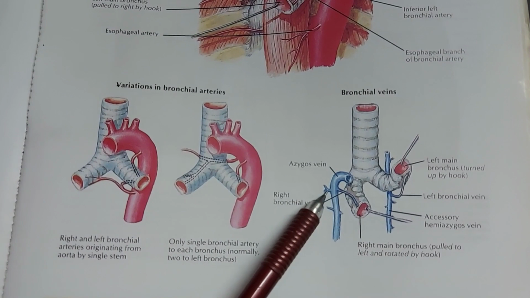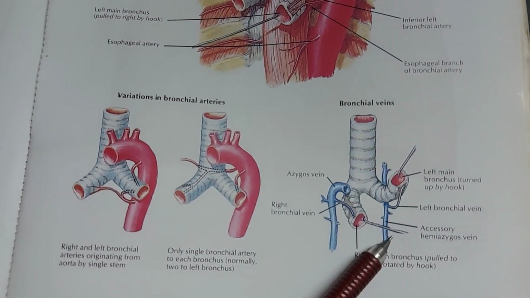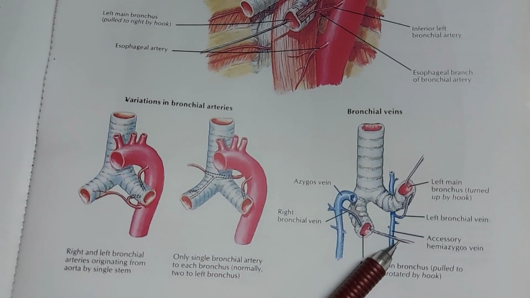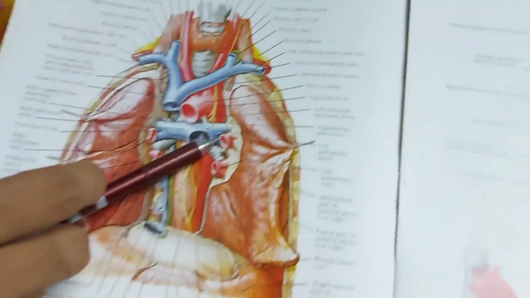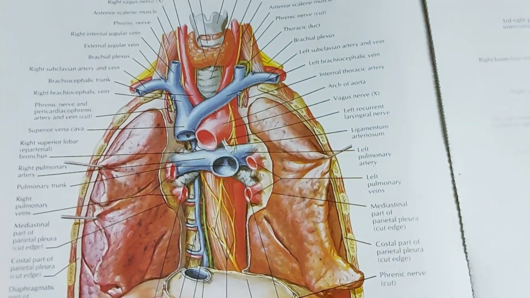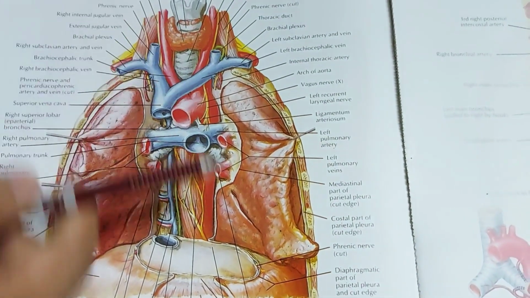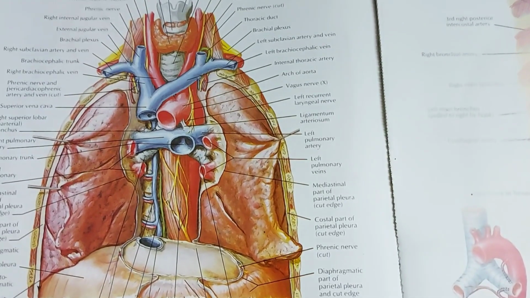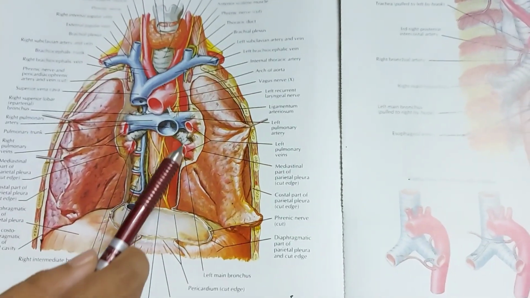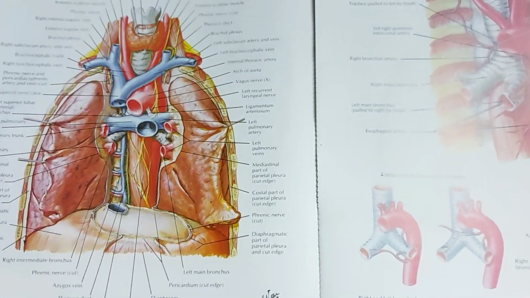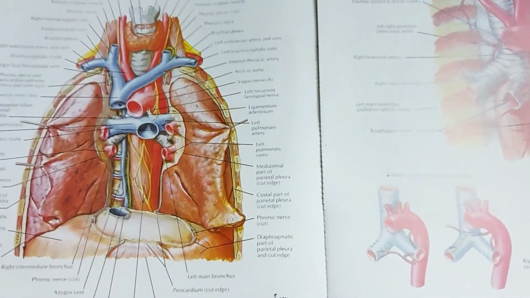On the right side, the bronchial vein drains into the azygos vein, and on the left side the bronchial vein drains into the hemiazygos vein. The exchange part of the lung is drained by the pulmonary veins. These are the venous drainage and the arterial supply of the lung.